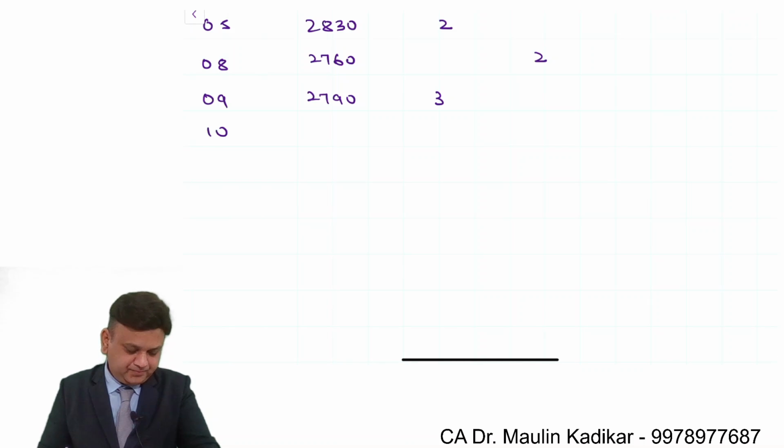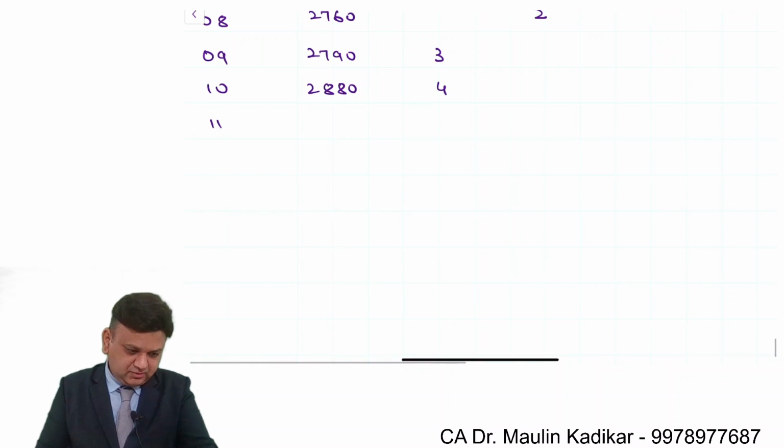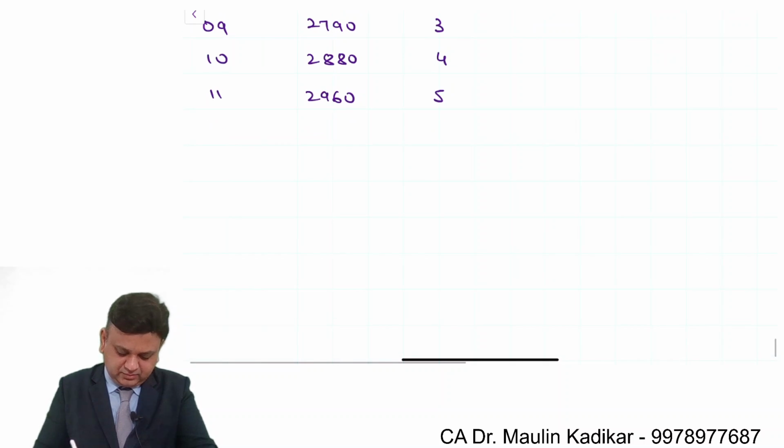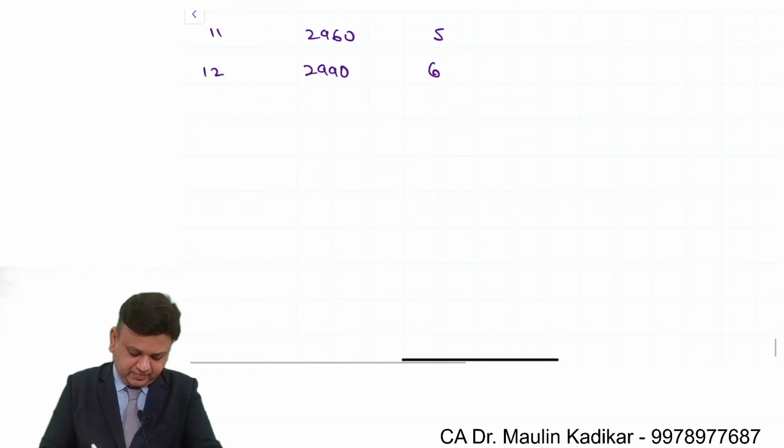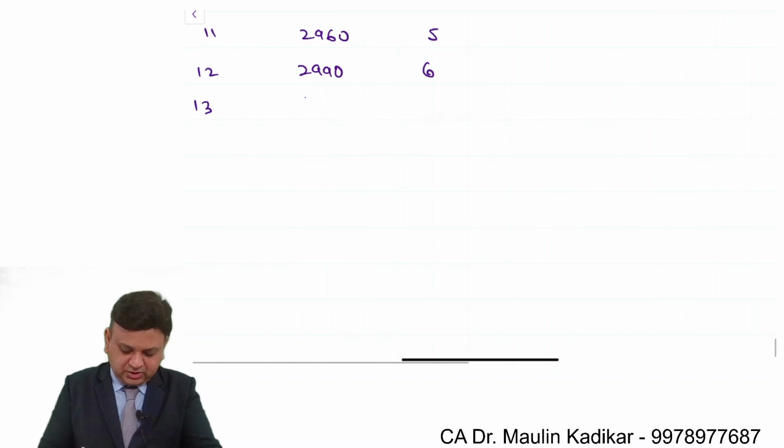On 10th, it is 2880. So it is 4. On 11th, 2960. So it is 5. On 12th, 2990. That is 6. 13th, 3200.